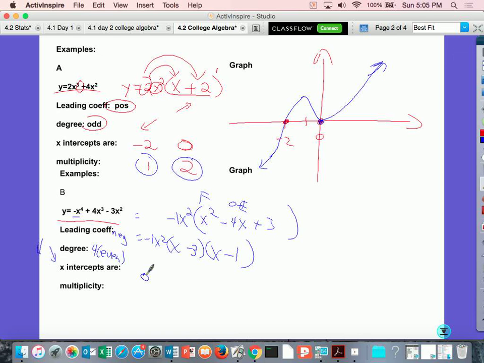X-intercepts are 0, 3, and 1. With a multiplicity of 2 at 0, it's going to be tangent at 0, and it's going to go through at 3 and through at 1. Now you graph it. See if you can graph it.